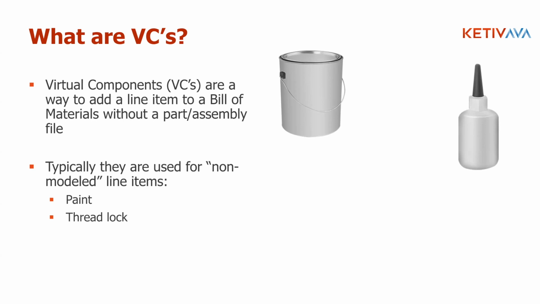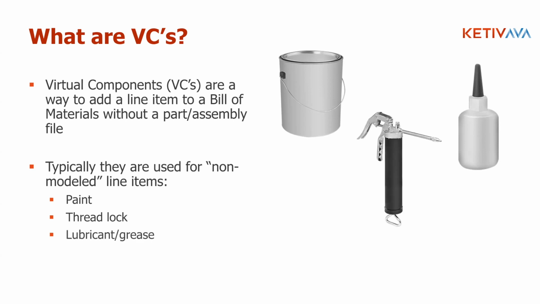It's part of what has to be purchased in order to manufacture. So it's very common to have it as a line item on your parts list or your bill. Lubricant and grease, same thing. Hydraulic fluid, a lot of fluids, you don't tend to want to actually create a part file for them, but you want them included along with the volume or amount you have to purchase.